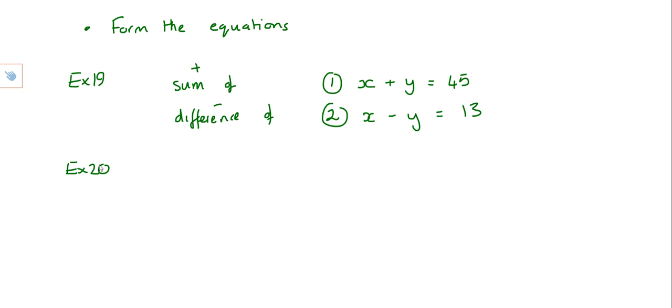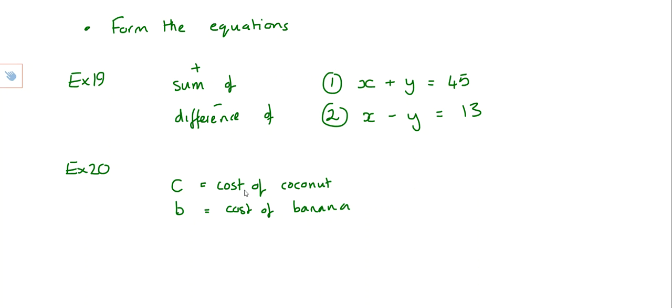It says find the cost of each coconut and each banana. So this is where we've got variables of C standing for the cost of a coconut, and B would be the cost of the banana. So how would I set up my two equations?